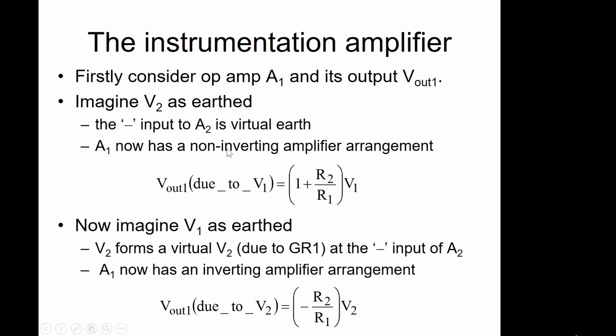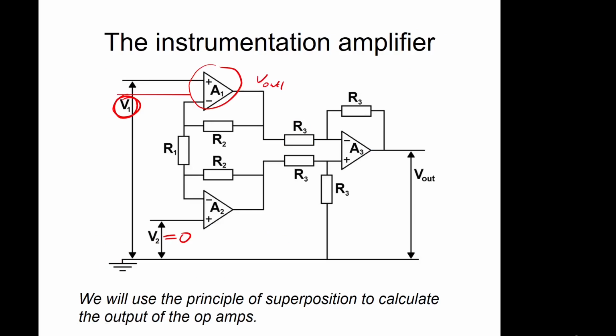Now it doesn't look obvious looking at it like this, but if you consider this input V2 is 0, this op-amp is configured in negative feedback, so this is virtual 0, a virtual earth here.